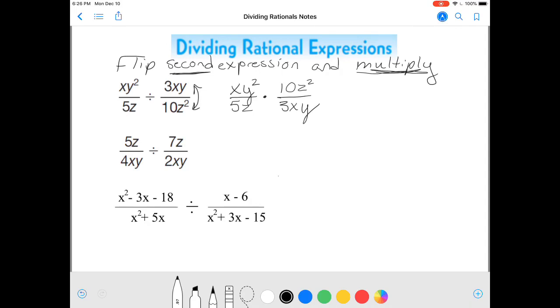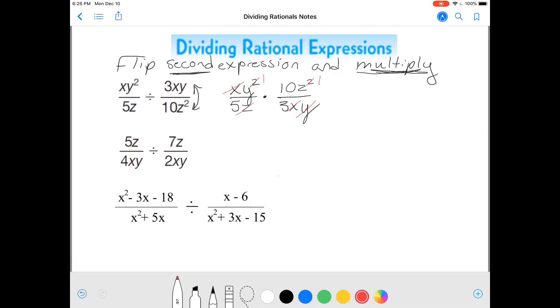Now we can go ahead and start canceling out our values that occur in both the numerator and the denominator. We have an x in the numerator and the denominator, those cancel. We have y squared in the numerator and y in the denominator. So the y squared in the numerator is going to become y to the first power, and we're going to cancel out the y in the denominator.